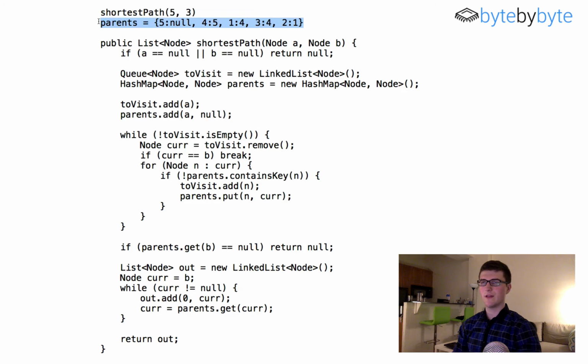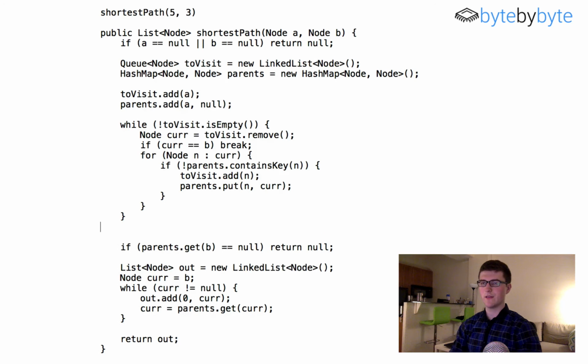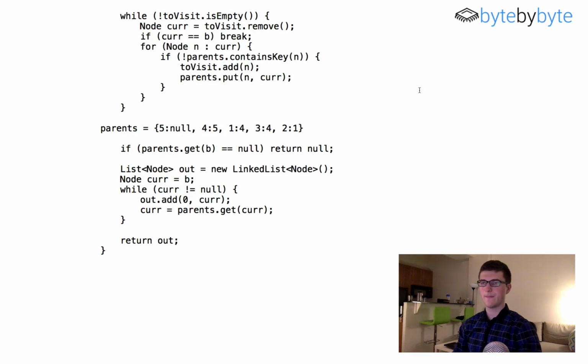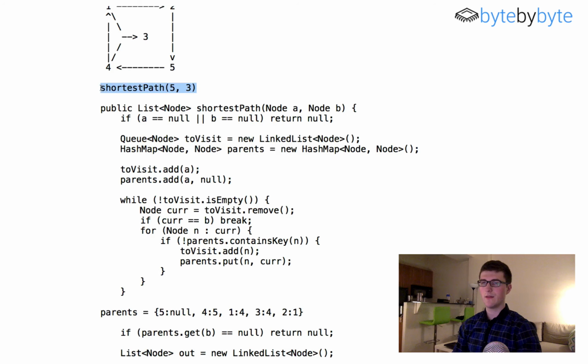And I'm just going to move this down lower so that we can see better. So we have this parents map here, and we are going to say if parents.get(b) equals null, and b is 3, right? So let me copy this too.